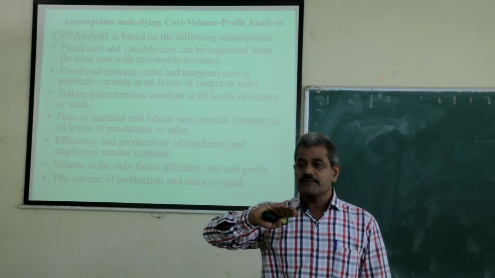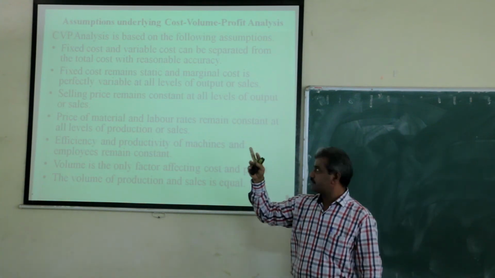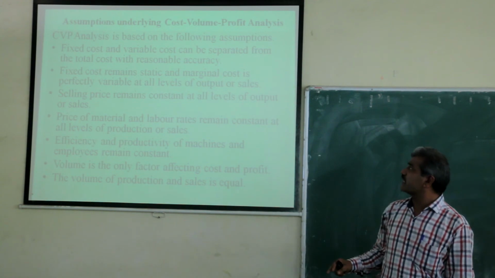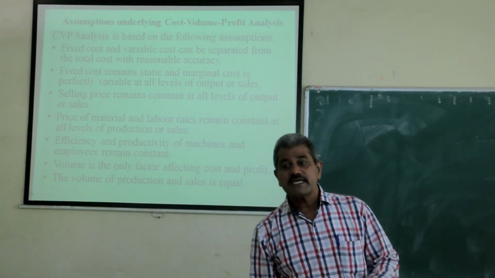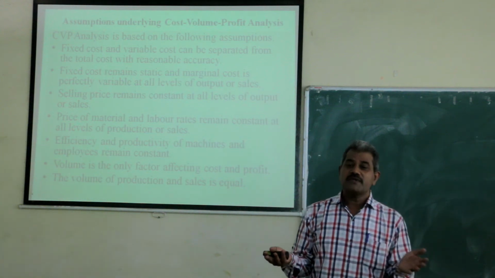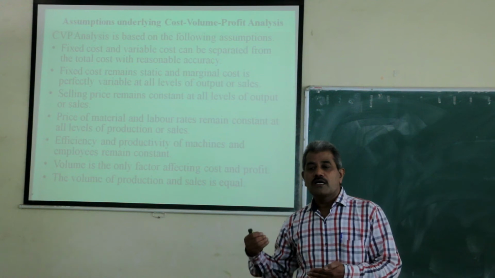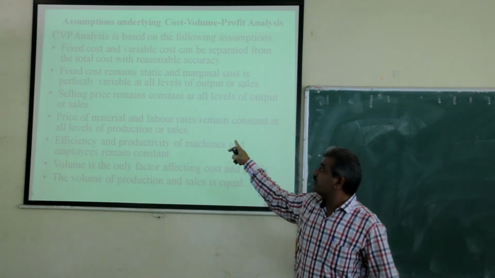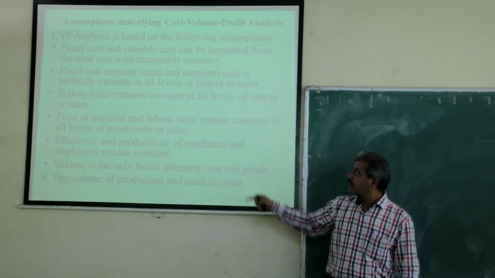As the production increases, in the same proportion variable cost will increase. Next is selling price remains constant at all levels of output or sales. It means selling price will not change. If the selling price is changing, then we cannot calculate the contribution or any other factor. So here it is assumed that selling price will remain same.